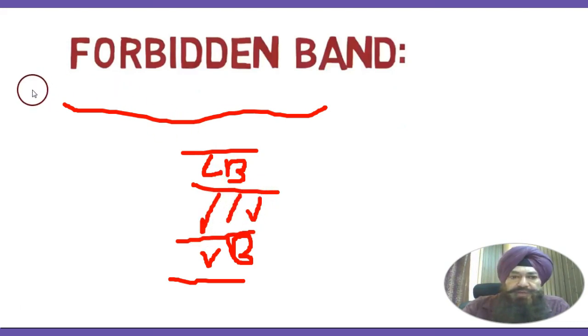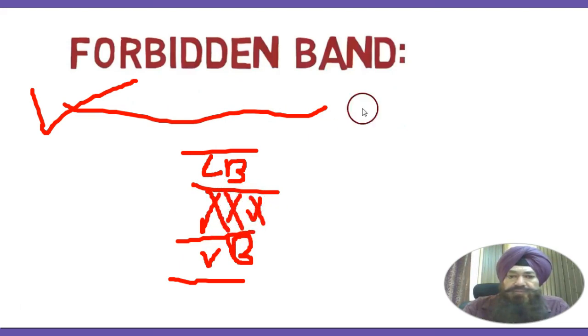Forbidden means no electron can exist in this space. The electron can have a place in the valence or in the conduction band, but is not allowed in this space. That's why this is called the forbidden band.